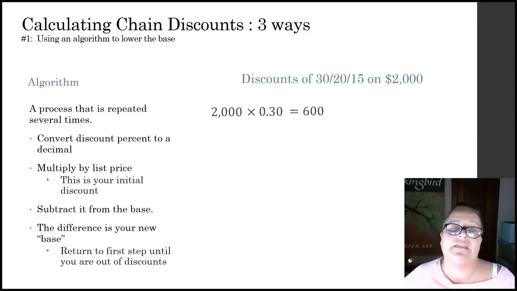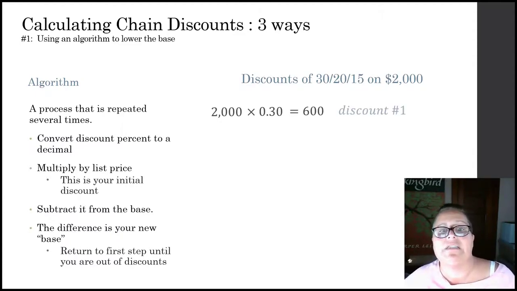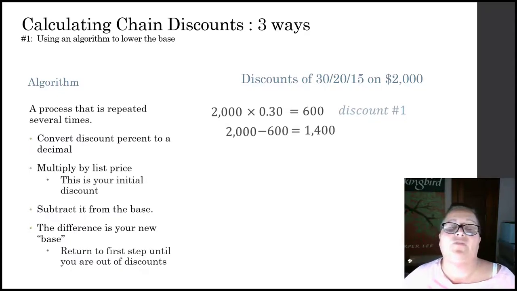This gives us $600. This means that our first discount is indeed $600. Now I'm going to subtract that discount from the list price. So I'm going to take the $2,000 and subtract $600. This leaves me with $1,400 left to pay.